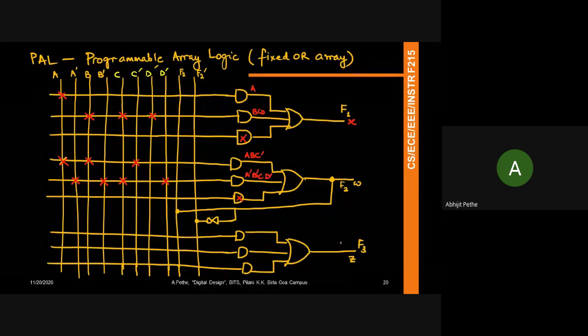Now when I implement Z, all I have to do is select W here in my first gate, and my second gate can be minterm 1. What would minterm 1 be?